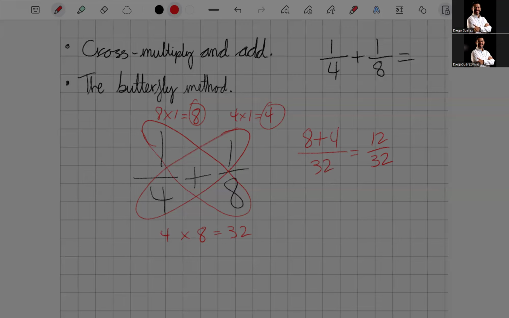What we do now is just simplify: half, half again, and the final result is again 3/8. We have exactly the same answer as in the previous exercise.